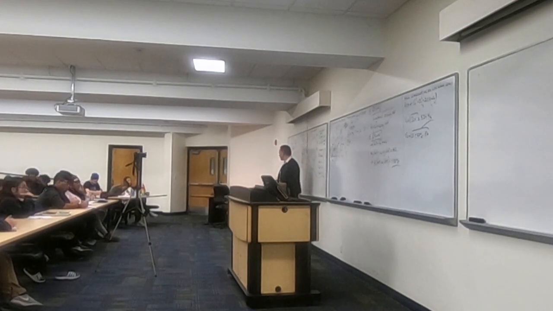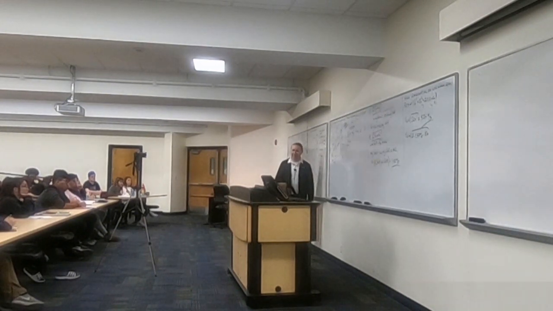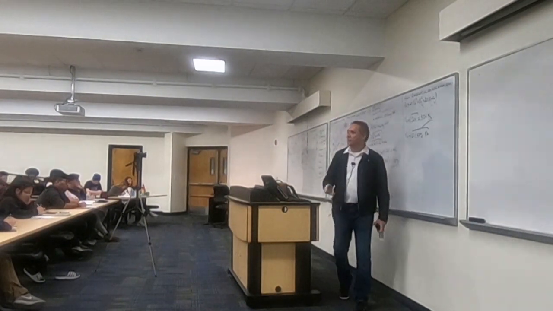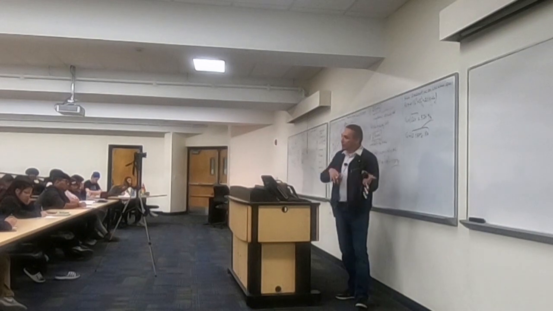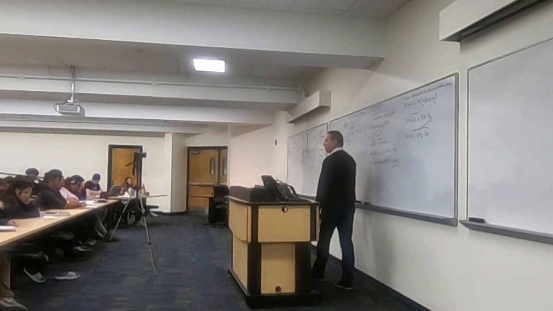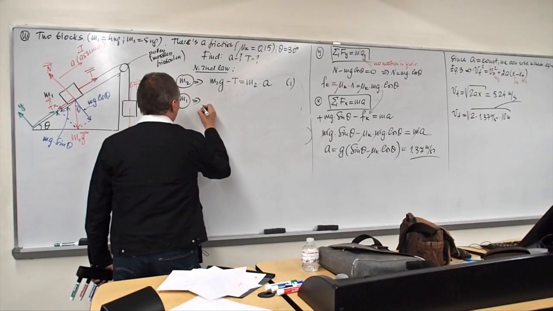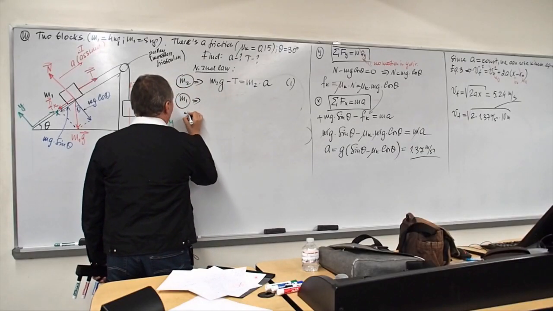And since there is a friction force, it's better to start with the y direction, in order to find the normal force, which allows us to find the friction force, which will be used later to write down Newton's second law in the x direction. So, y.